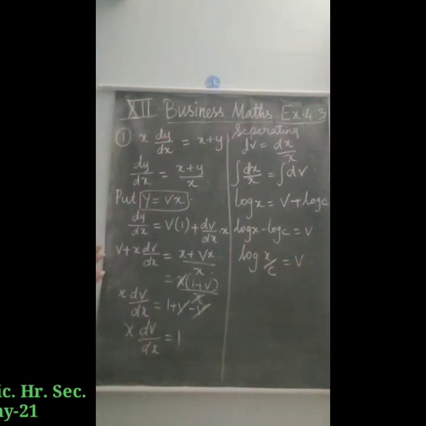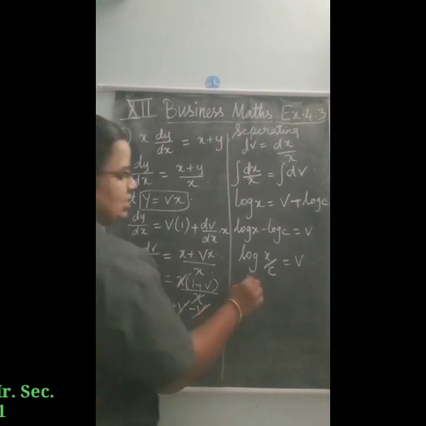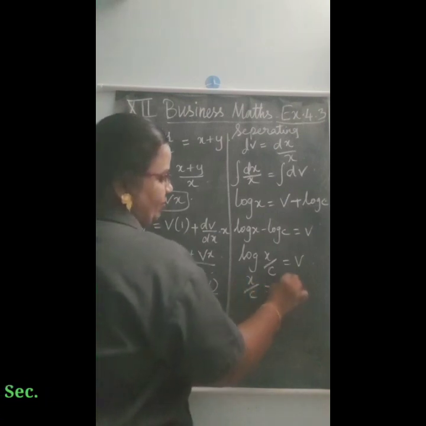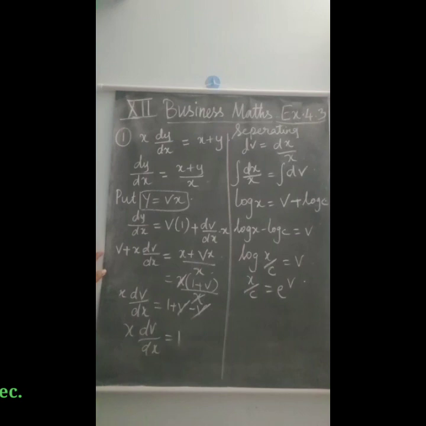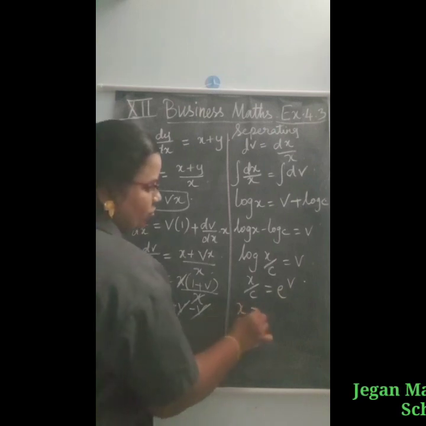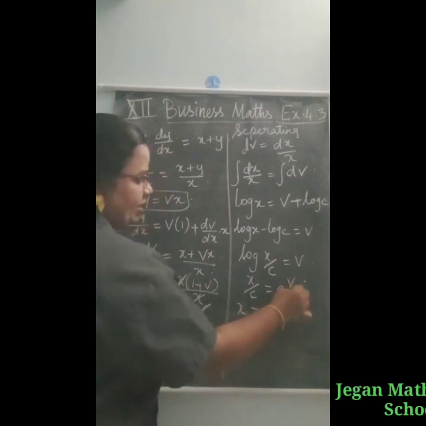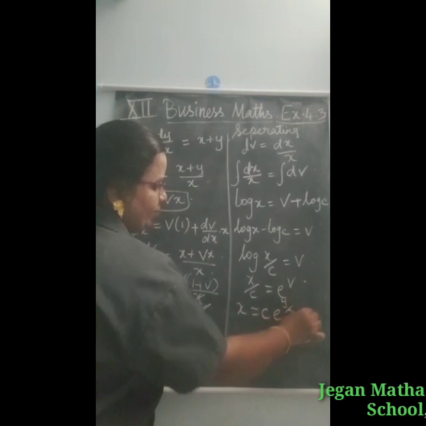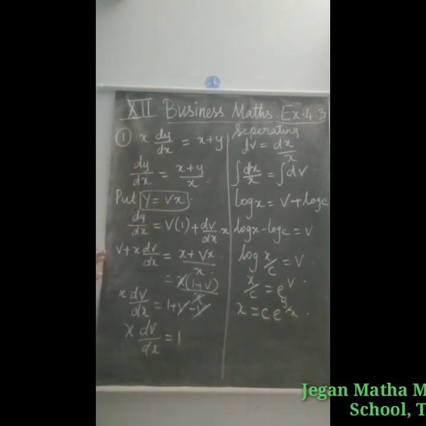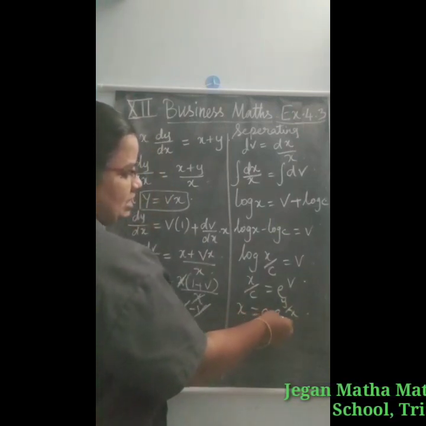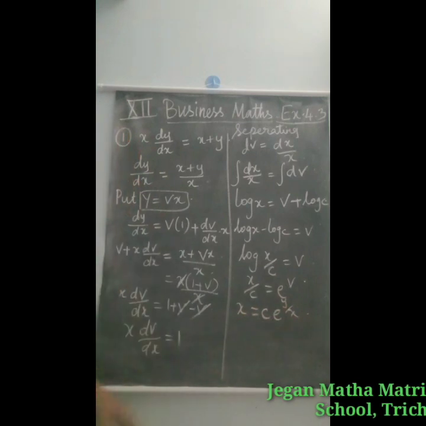If we remove this log, we will get e power v. So, x by c is equal to e power v. So, what is v? That is y by x. So, x is equal to c into e power, instead of v, we substitute y by x. So, what is the answer? x is equal to c e power y by x is the answer.